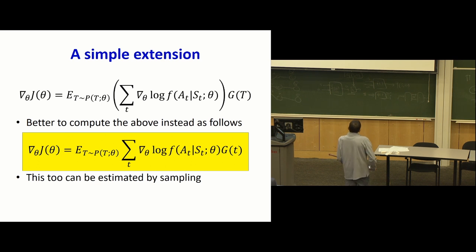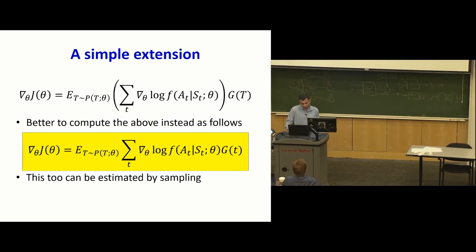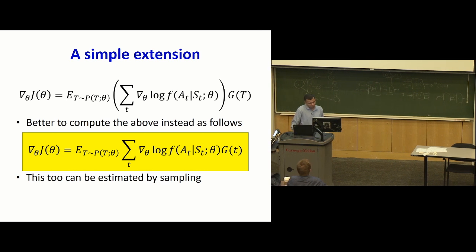Instead, we're going to change it slightly. We're going to say it's going to be the derivative with respect to theta of the log of the probability of the action times the return at that time. So the change is really very small, and it turns out it works better, but the arithmetic may seem a bit thick at this point, but the mechanics are very simple.